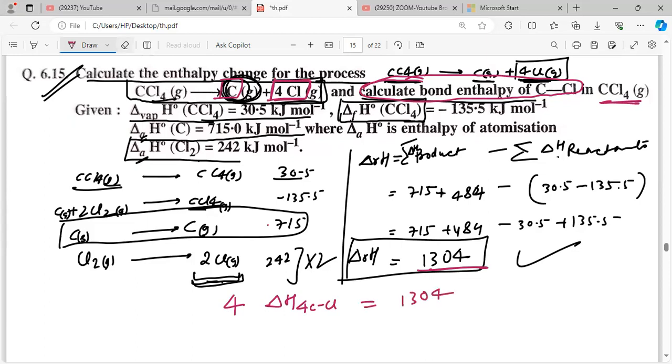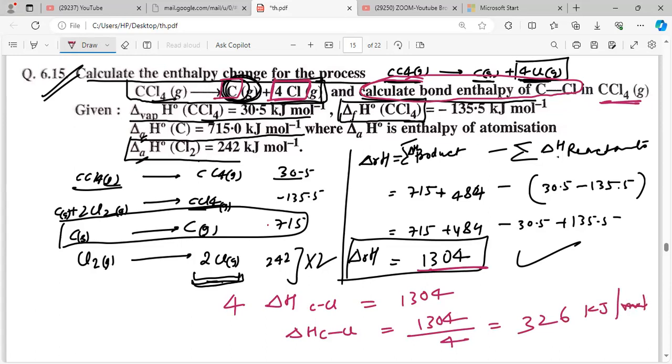You need not write 4 here. So for 4 C-Cl bonds it is 1304, so delta H for only one C-Cl bond will be 1304 divided by 4. It will come 4 3s are 12, 4 2s are 8, 4 6s are 24, so 326 kilojoule per mole.